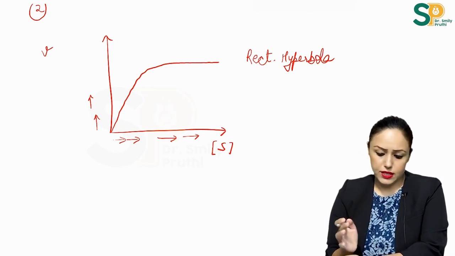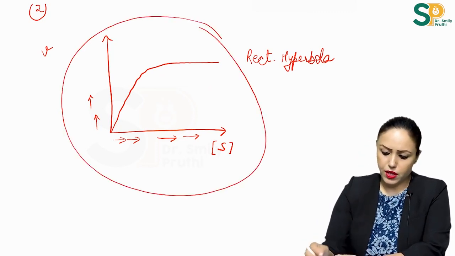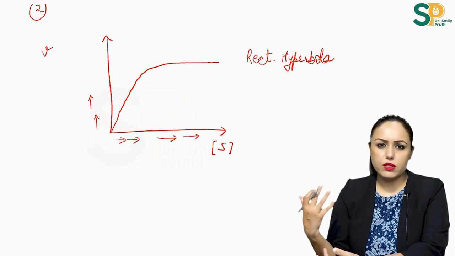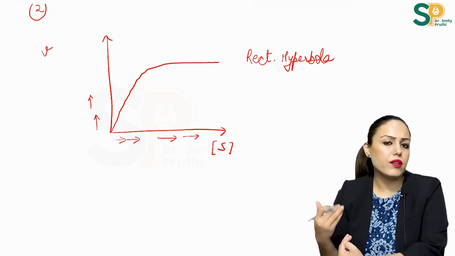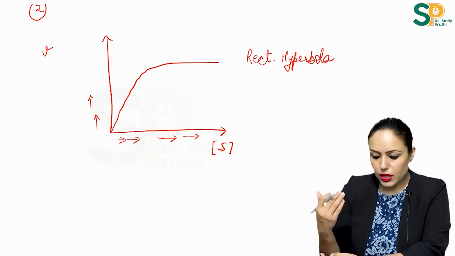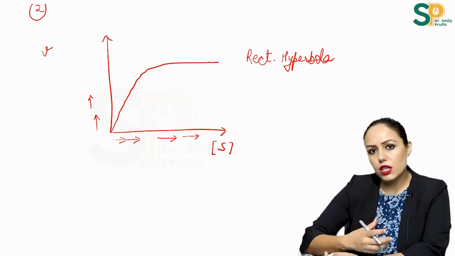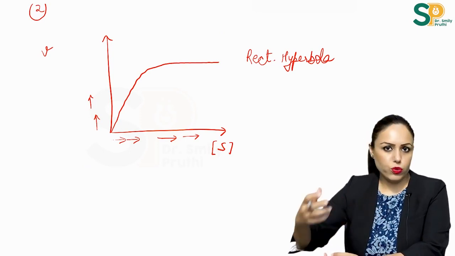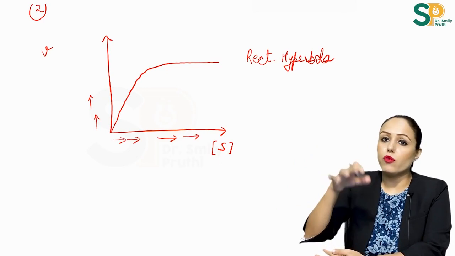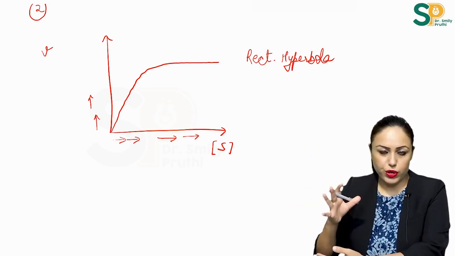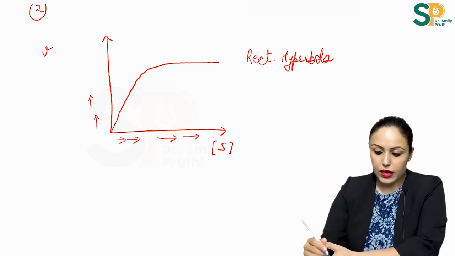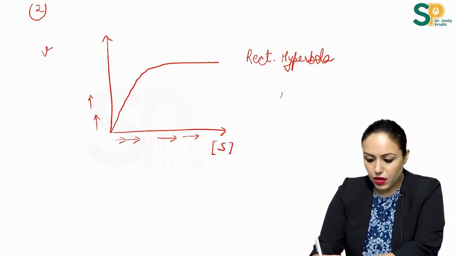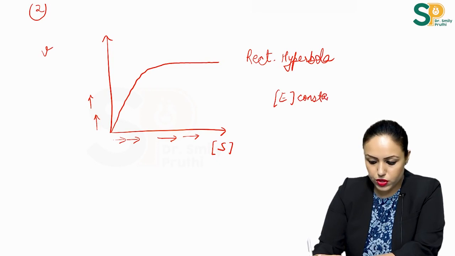Look, when I'm making this graph, this is a kind of experiment. Let's assume we are doing this in a lab. In a lab, what are we doing? We're increasing the substrate slowly, and we are looking at the velocity at each level of substrate. During this experiment, we will keep enzyme concentration constant.